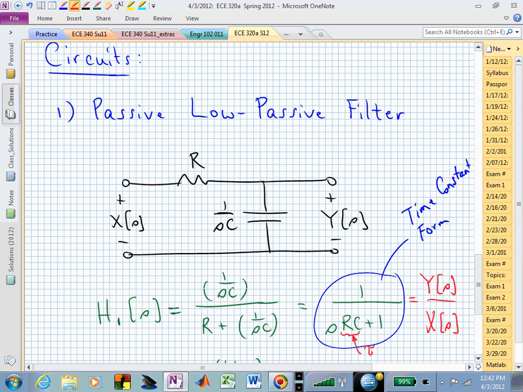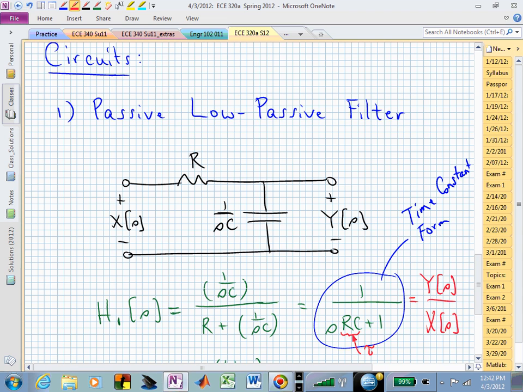And that gives you a value in seconds that tells you how long it's going to take for that system to naturally respond. And if your single time constant is 1/10 of a second, then how long will it take for the transients to decay in this low-pass filter?